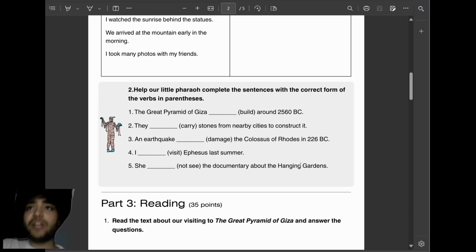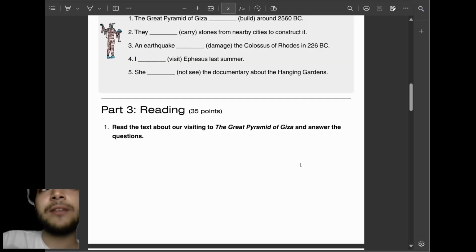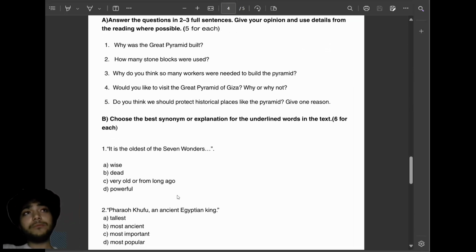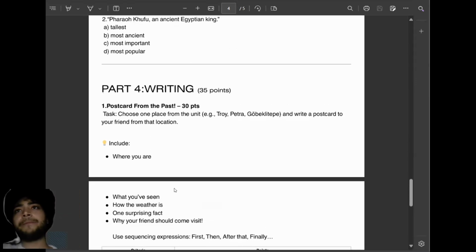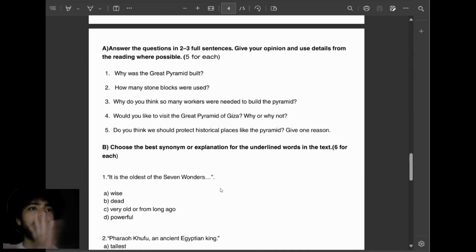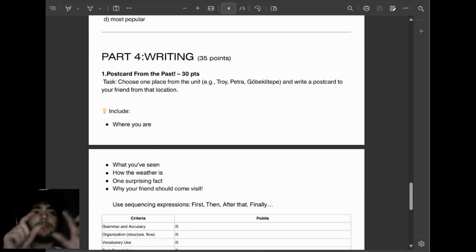And of course, there were challenges. A few students had difficulty doing the writing part and organizing their ideas in the writing. And next time, I will give them examples, like in the writing, you can write something like that.